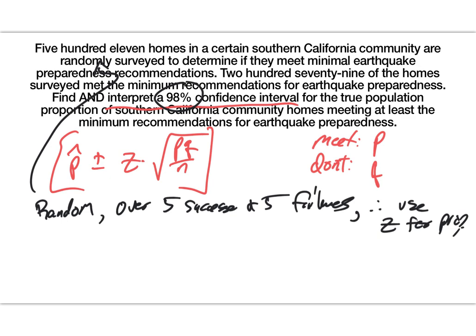98%. If you do not know 98% off the top of your head, back to the applets page. So go back to the applets page. Scroll down until you find normal. You'll click on normal.